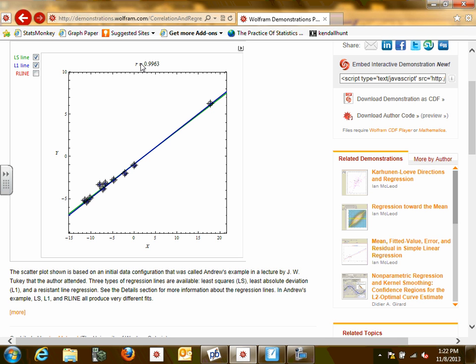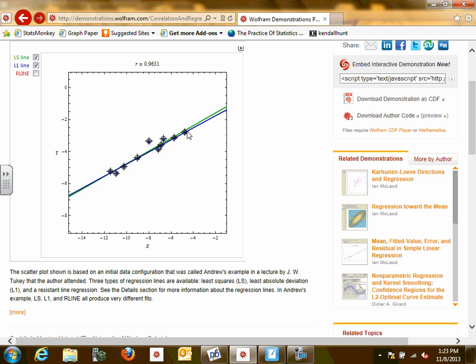Yeah, that's a good, strong correlation there. And then watch what happens when it moves in. So if this point were actually a point in here, look at that correlation. It's 0.98. So the reality is this point actually got what? Weaker. It did. I mean, the correlation got weaker.